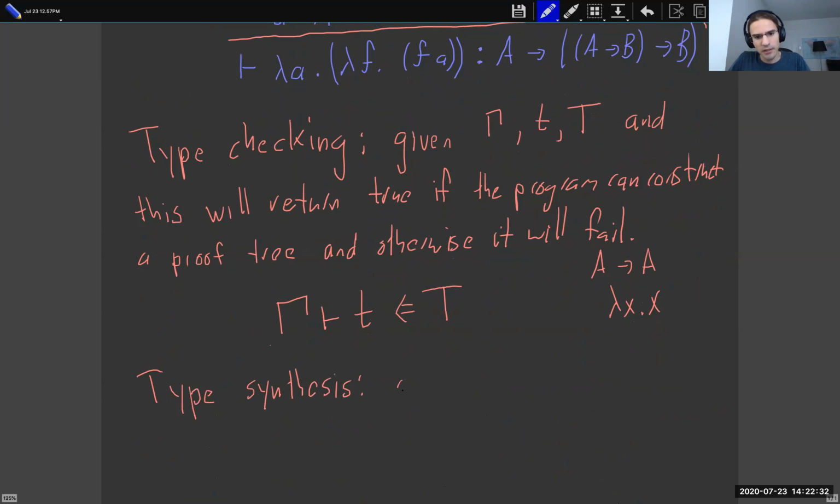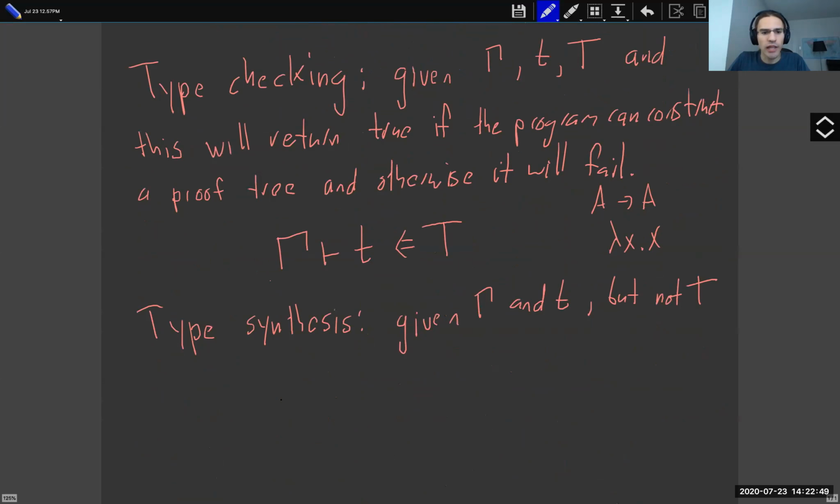So you are given gamma and t, but not T. And you'd like to determine, so the type synthesis, this will return a type, whereas type checking would return true or fail.